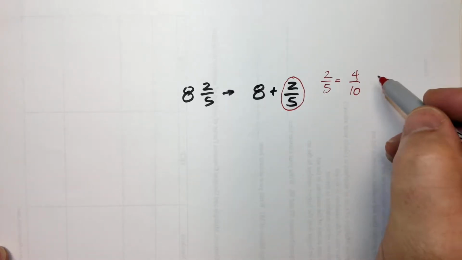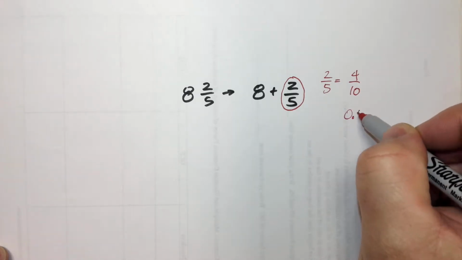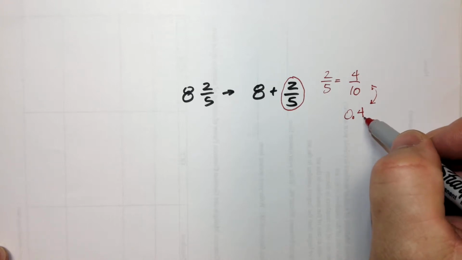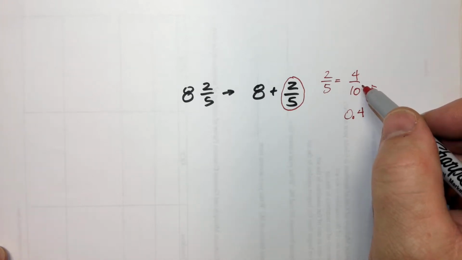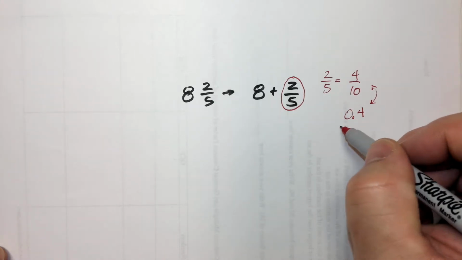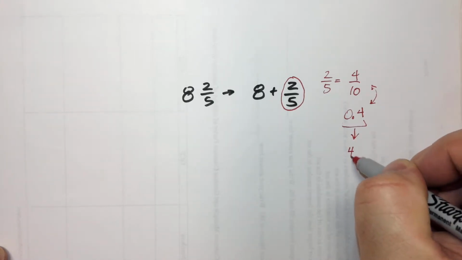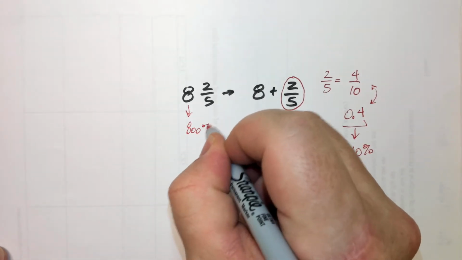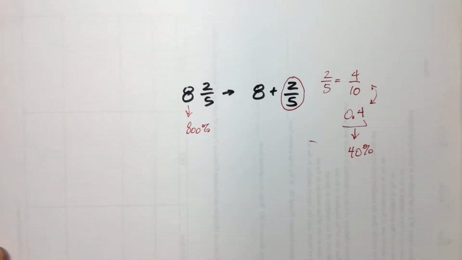Like, you say 4/10, and that's what it means. 4/10 is the same as 2/5. So this is 40%. And that's 800%. So it's 840%.